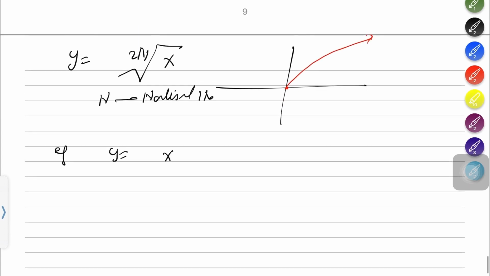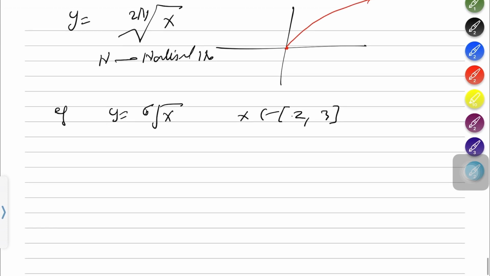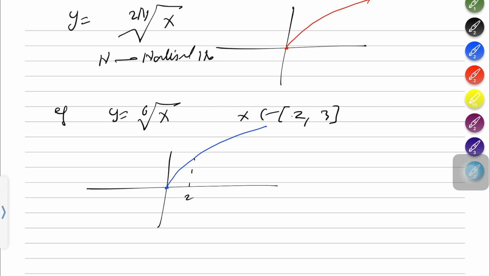Okay, just if I ask you to find the range of the 6th root of x, where x goes from 2 to 3. So we'll draw the graph of y equals the 6th root of x, where x is from 2 to 3. The graph will be the same, just like a square root function, and we have to look at it from 2 to 3.